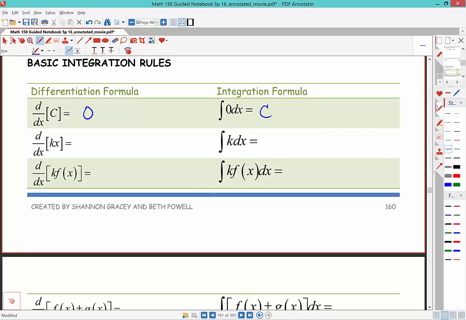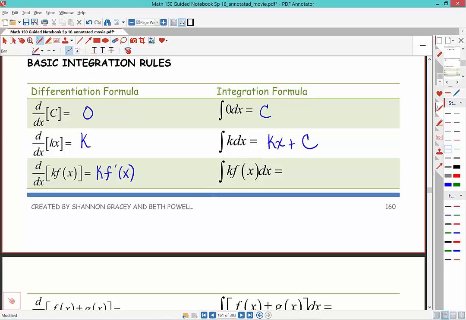Okay, so far? All right, so when you're differentiating a constant times x with respect to x, you just get that constant, remember? And so therefore, when you're finding the antiderivative, you'll get, good, the constant times x plus our constant of integration. And the derivative of a constant times a function is the constant times the derivative of the function.